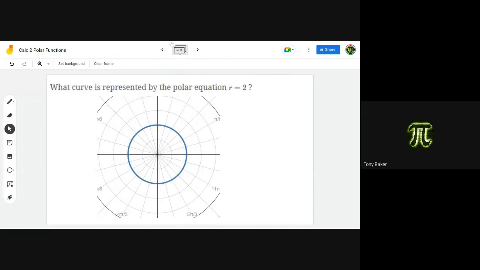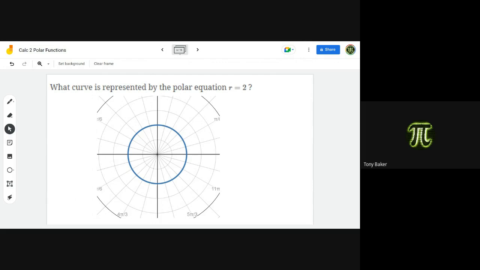Now, I can't graph this on Desmos, but if you do theta equals a number, so let's say theta equals pi over 4, what do you think that's going to give you? Yeah, it's going to be a line.